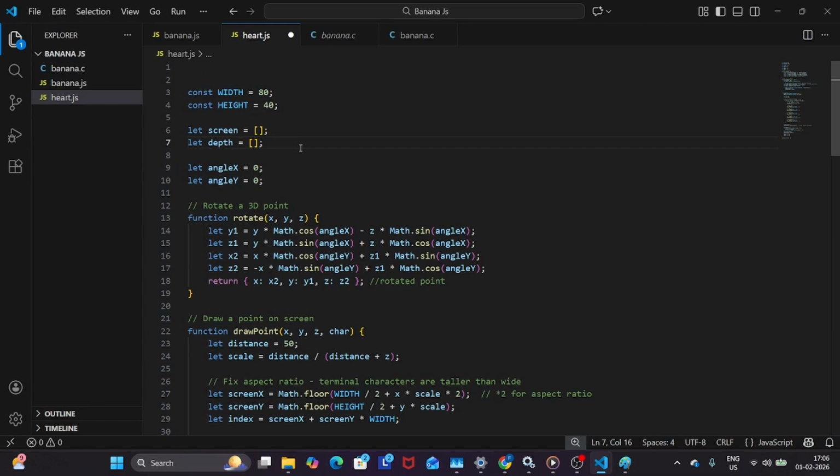We need depth because closer points hide farther points. This is used in triple A games. Lighting also depends on this: if it is far, one type of lighting is used, and if it is close, another. Screen is like a paper, and depth is like a 3D ruler measuring distance.